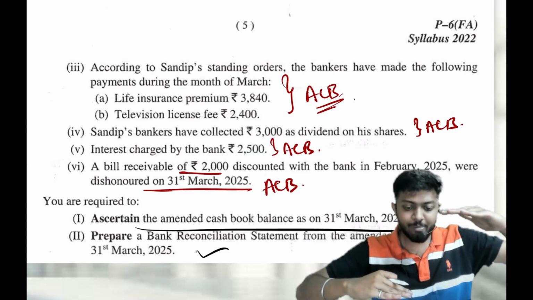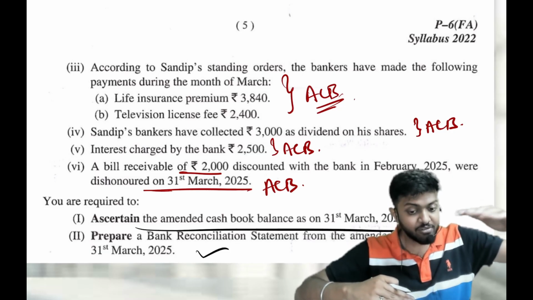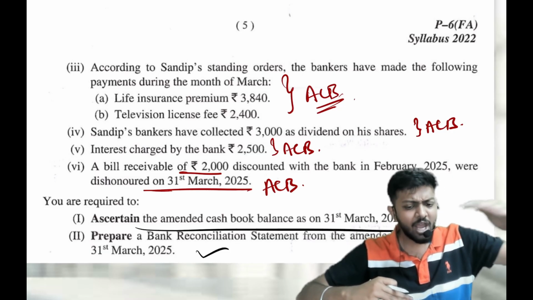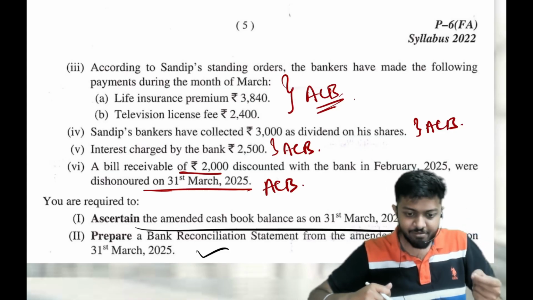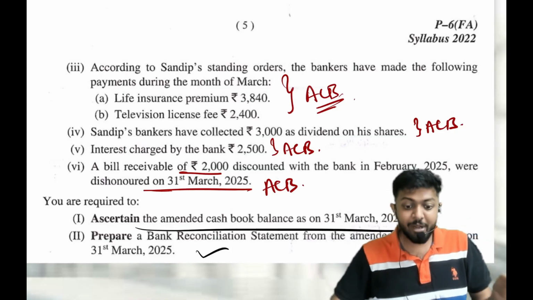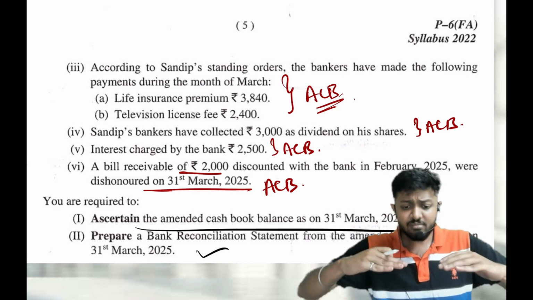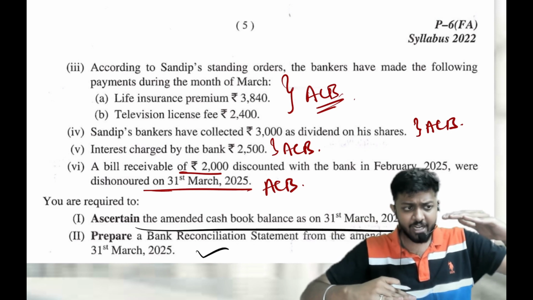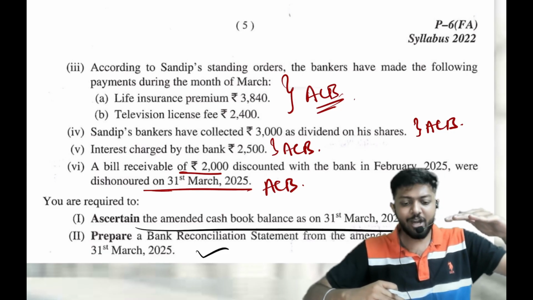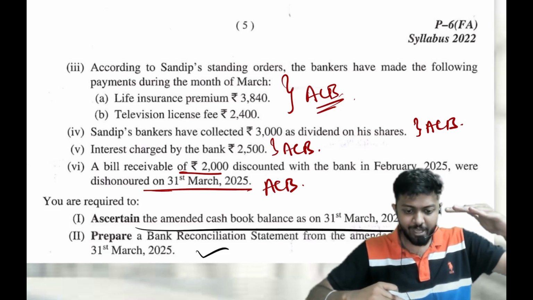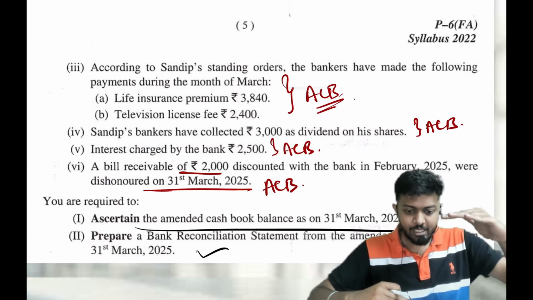But in the cash book, we have not passed the entry. We are doing BRS from the cash book angle. We started our BRS from the cash book, and we are doing the amendment in the cash book. So your passbook is less and your cash book is more. We are doing BRS from the cash book angle, so I have to make it equal. So I'll reduce this. I hope you understand.